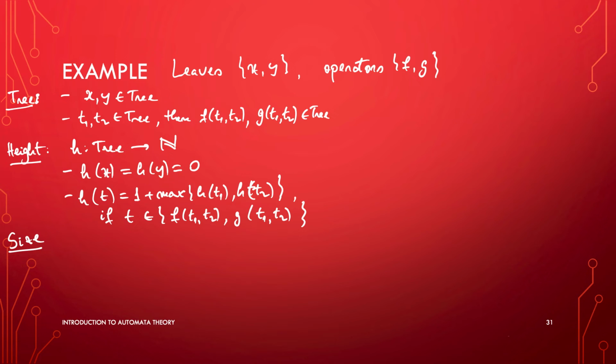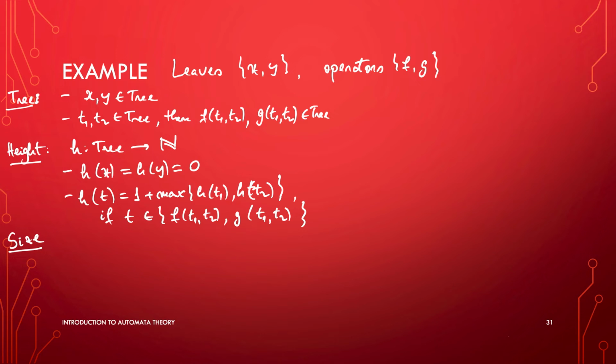So that includes all the leaf nodes and all the internal nodes labeled by either F or G. If you think about the graphical display of a binary tree, it's about counting all the nodes in the tree. If you think more about the lexical formulation of the tree, it's about counting the number of all symbols X, Y, F and G in the definition of your tree.